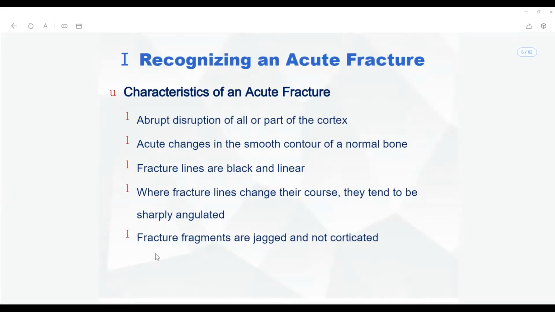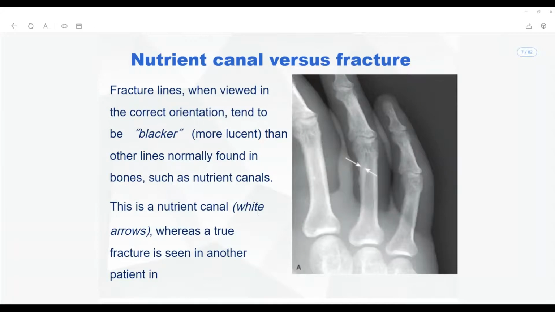Now you see here, let's try to analyze this one. Whenever you see a black line on an X-ray, you have to make sure to differentiate it from the nutrient canal.